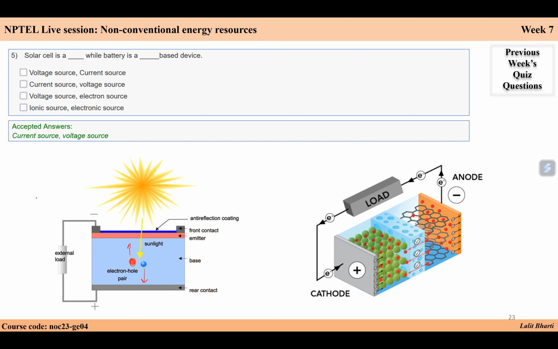So we get a flow of electrons, which represents current. So this is basically a current source, whereas in batteries, by a reaction of electrode and electrolyte, we get some potential.